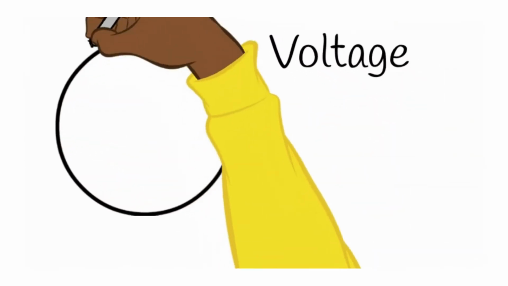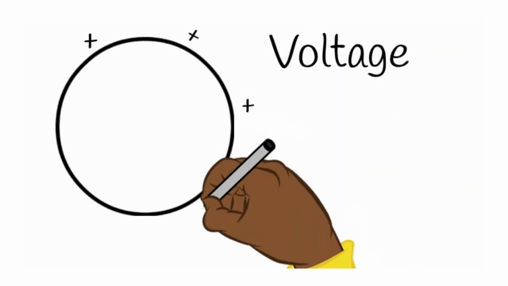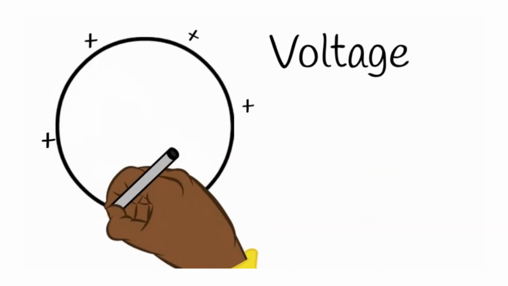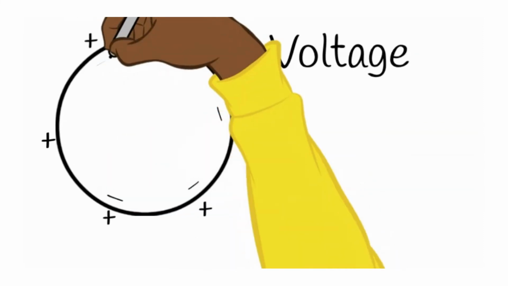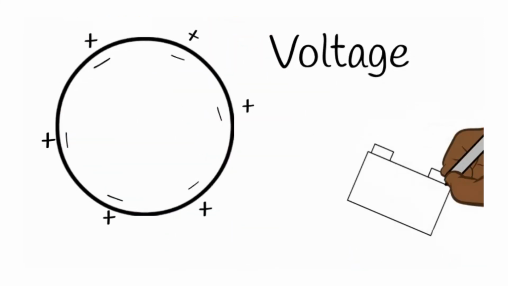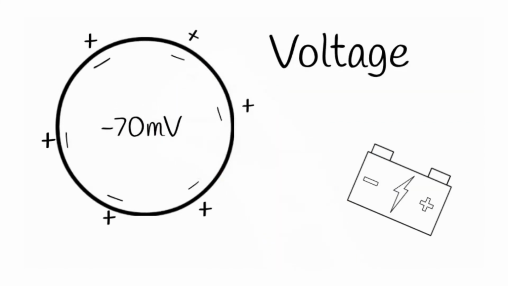Okay, now let's talk about how a cell has a charge or voltage. The voltage is merely a difference in charge between the inside of the cell and the outside of the cell. The inside of the cell has some protein anions and some phosphate ions that impart a negative charge inside of the cell, and it's more positive outside the cell.